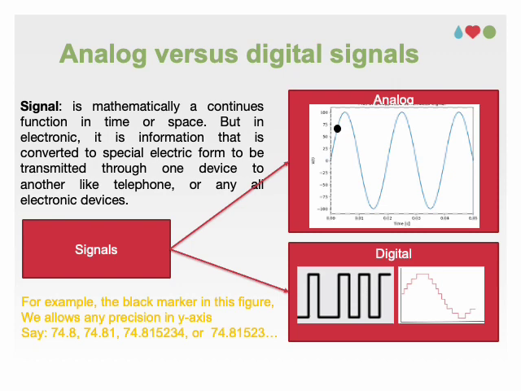An analog signal is mathematically a continuous function of time or space. But in an electronic framework, it represents information in varying waves of voltage or current in time. It means that the information in the form of amplitude, frequency, and phase is encapsulated in the waveform.